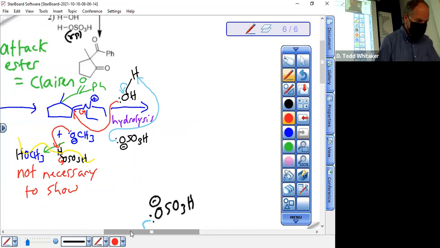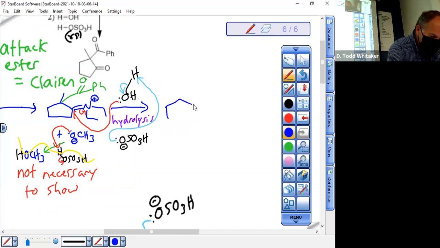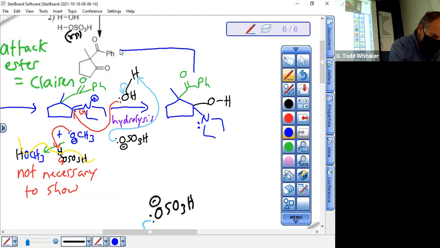But moving on to the task at hand, we're well on our way for the hydrolysis. Could have done an R group circle a long time ago, I guess. I got an amine that needs to leave. So let's make it a better leaving group.